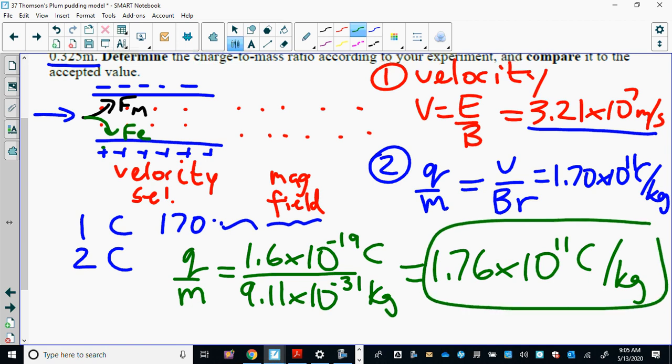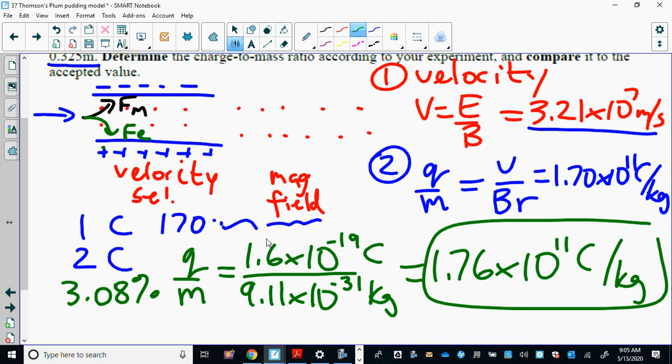If we divide them, we get that as our charge to mass ratio. So in this experiment, we were pretty close, 1.76 compared to 1.70, which as a percent error, I think you get 3.08% error. Not bad at all.